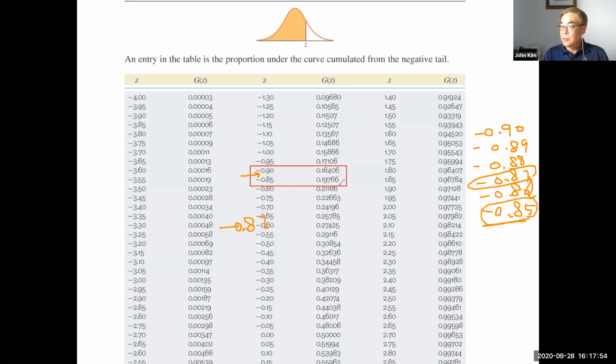So take negative 0.85 and take this area. So this area is the left side of that boundary.